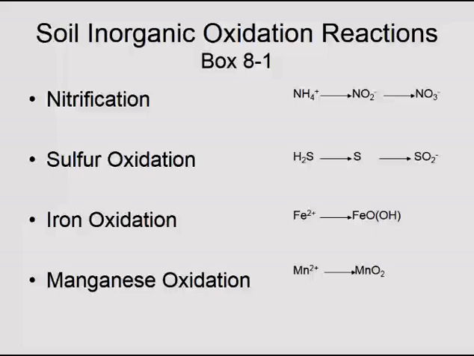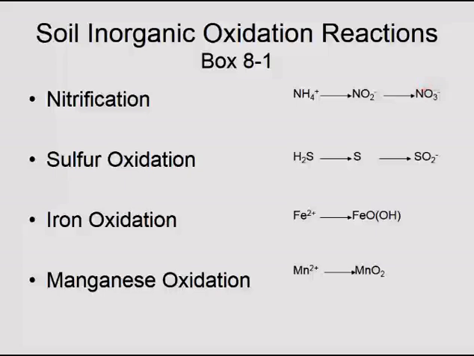In our first example up here, nitrification, we're going from ammonium to nitrate. Remember, the bacteria do this: Nitrosomonas, and then Nitrobacter converts it into nitrate. Along this path, we start with no oxygen right here, here we have 2 oxygens, and here we have 3.